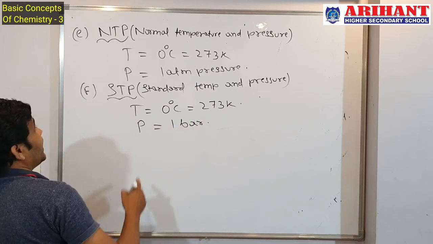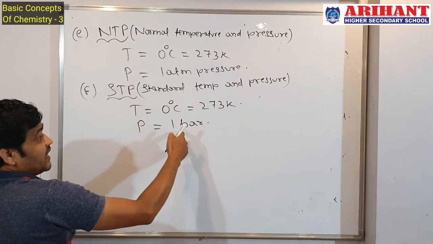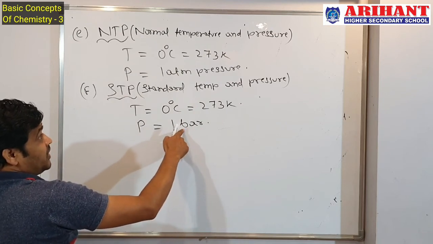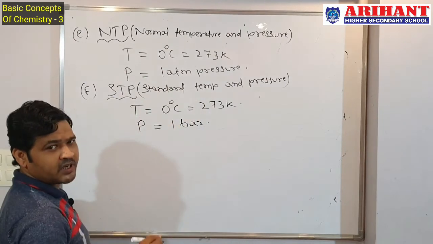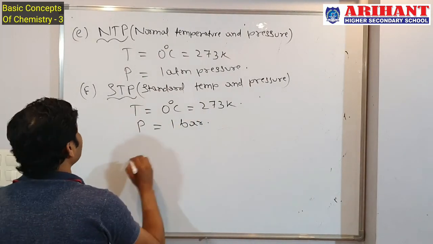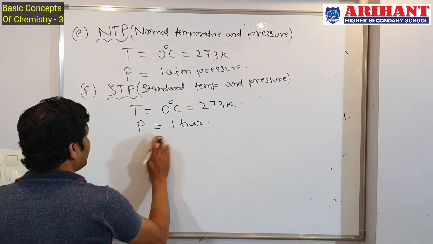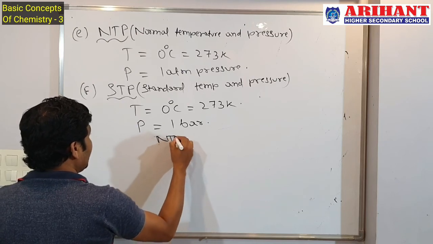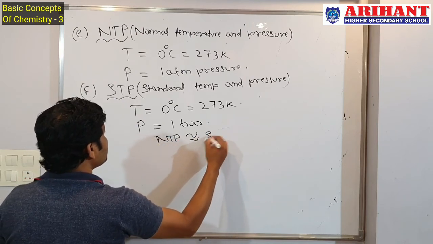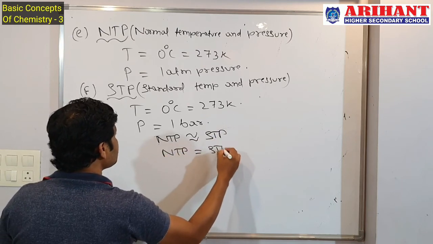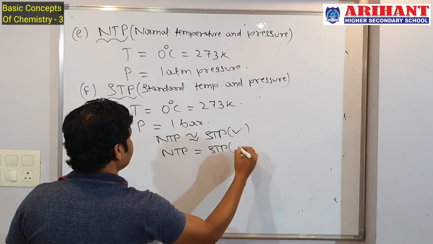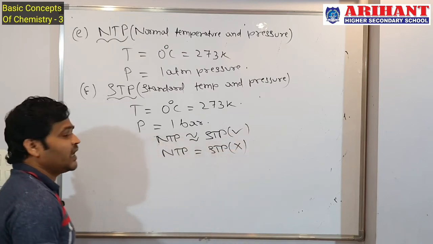And 1 atmosphere pressure is slightly greater than that of 1 bar, but they are approximately equal. Hence in many books NTP is similar to STP, but NTP is not equal to STP.